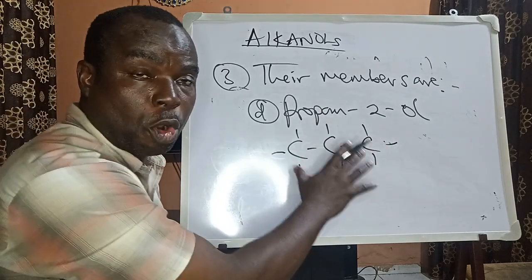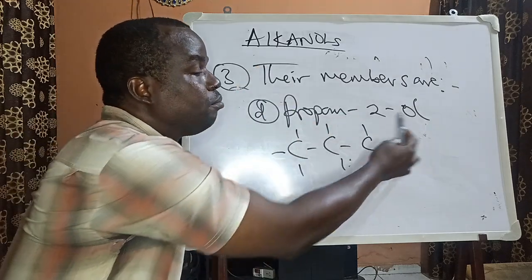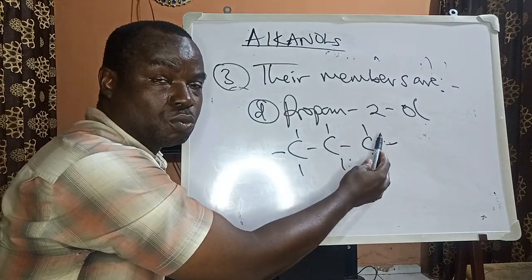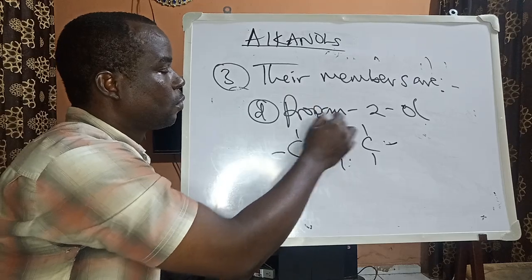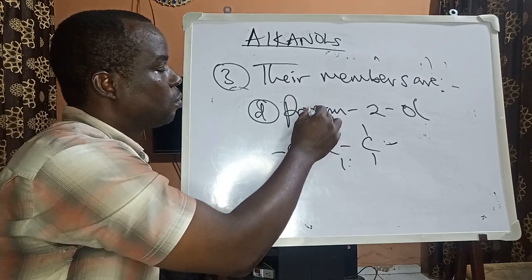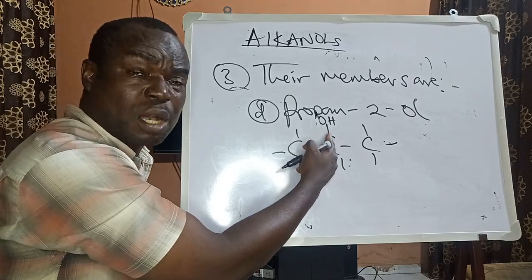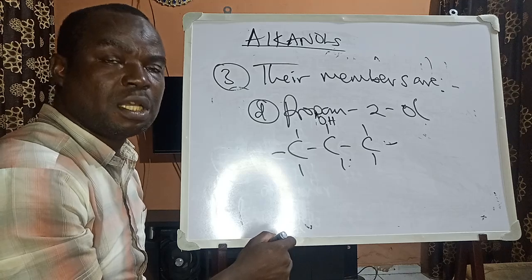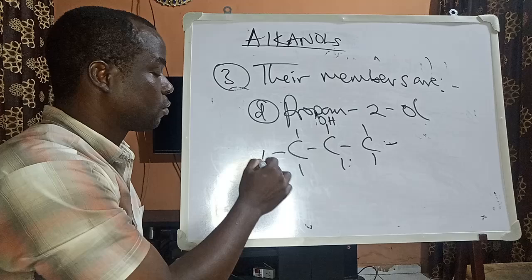This is the usual prop that we have. Now, this 2-ol means that the OH, which is the ol, will be on carbon number 2. You see that the OH now is on carbon number 2. That's why it is 2-ol.